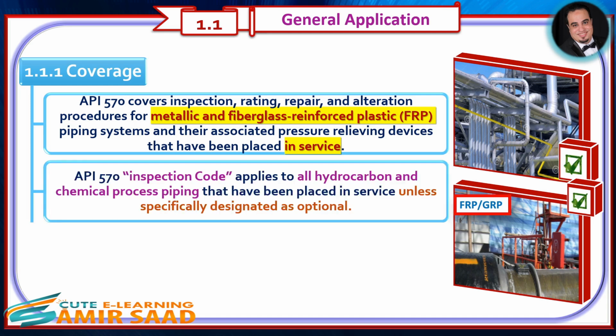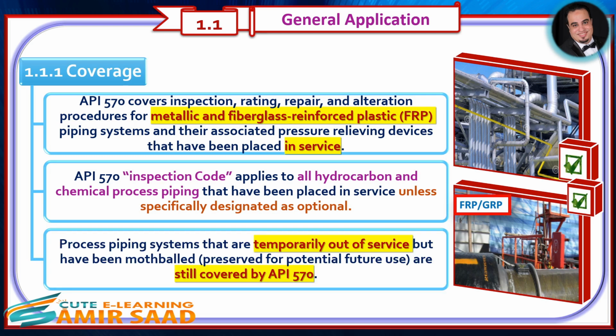API 570 inspection code applies to all hydrocarbon and chemical process piping that have been placed in service unless specifically designated as optional. Process piping systems that are temporarily out of service but have been mothballed, preserved for potential future use, are still covered by API 570.